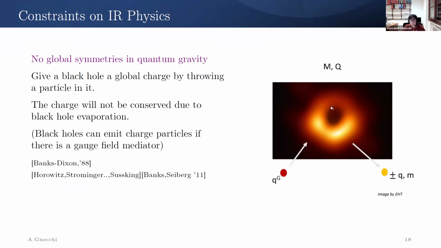However, if the charge is due to a gauge charge, then because of the presence of gauge fields in the theory, the evaporation of charged particles has to satisfy some charge conservation. But if the charge is global, we can throw charges into the black hole, and in the evaporation, there's nothing that ensures that this conservation of charge will be preserved. We could have remnants of global charge, or global charge could be destroyed.